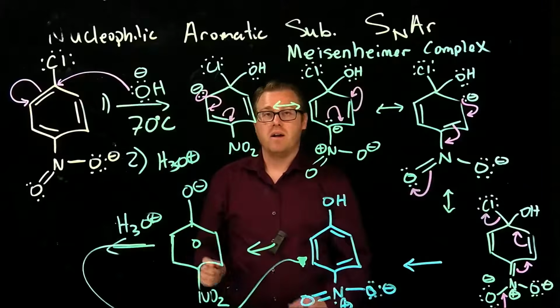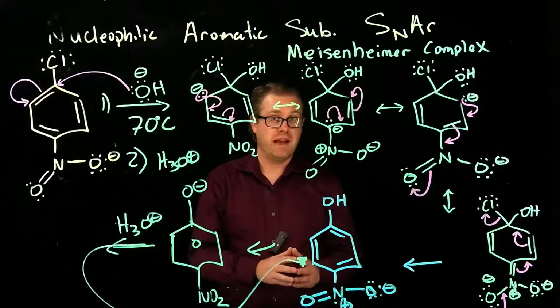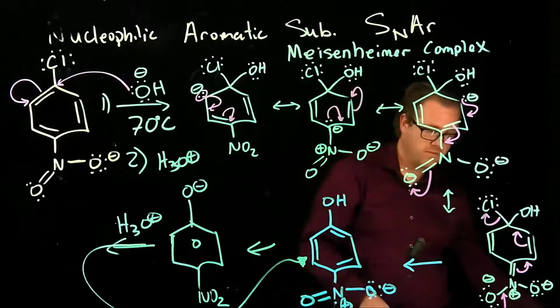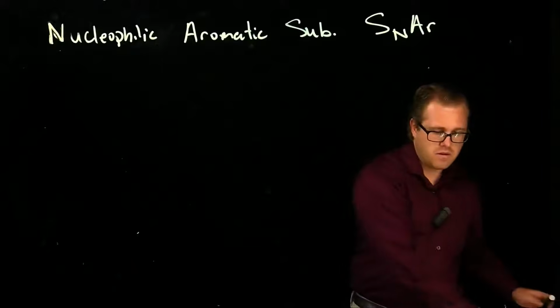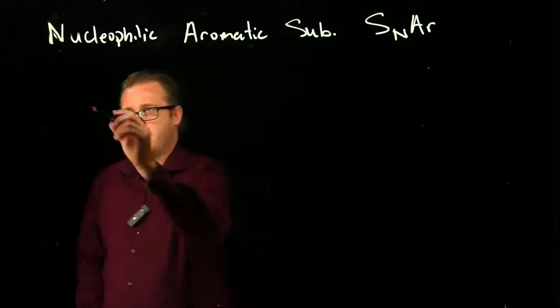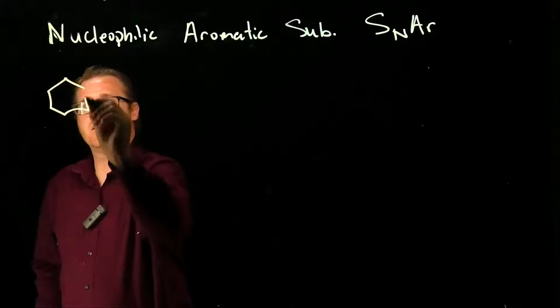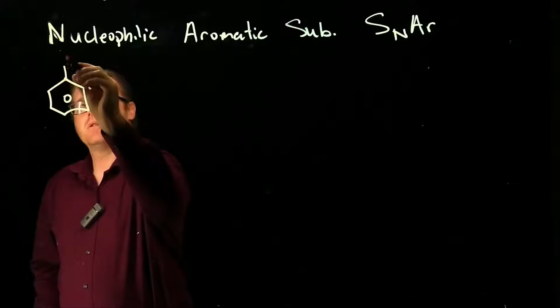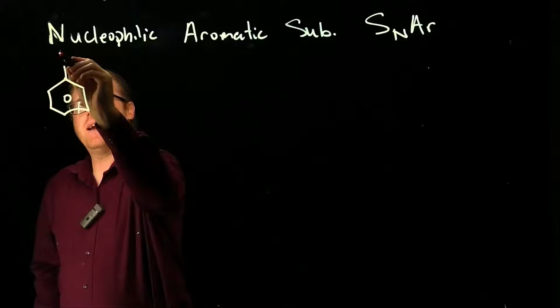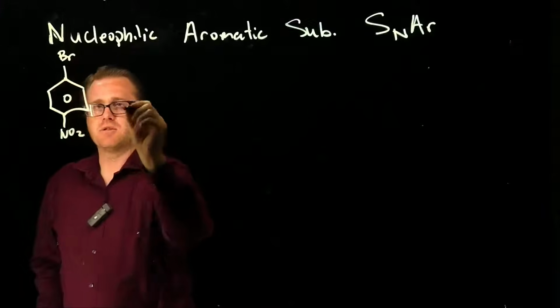So now I want to look at another type of reaction. Now what I want to do is just write a few reactions here and highlight some things here. So let's say if we have a bromine there, nitro group.